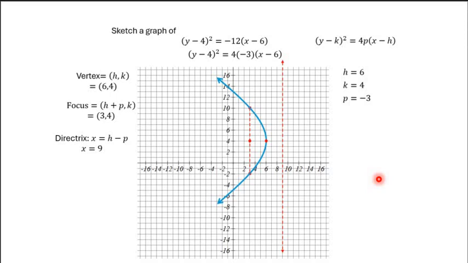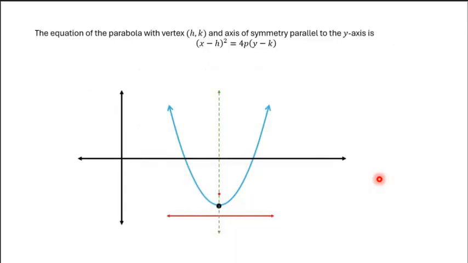All right, so what about if the parabola opens vertically, opens either up or down? Well, the equation of a parabola with a vertex of h, k and an axis of symmetry that's parallel to the y-axis is x minus h squared is equal to 4p times y minus k.